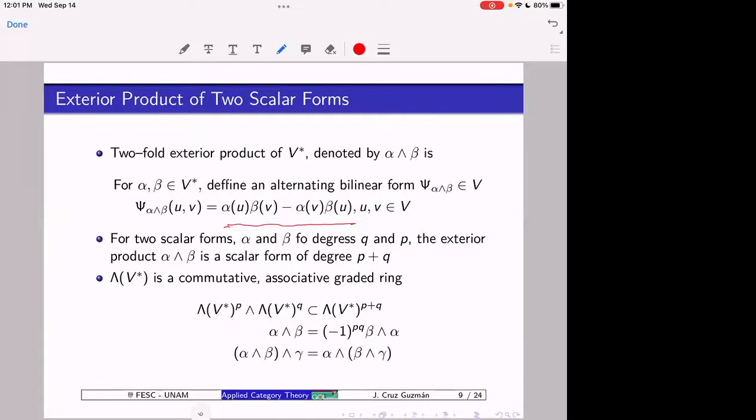I think these two slides are important because we are speaking about different kinds of objects. We cannot speak about elements of multiforms like elements of multivectors. Those are different.